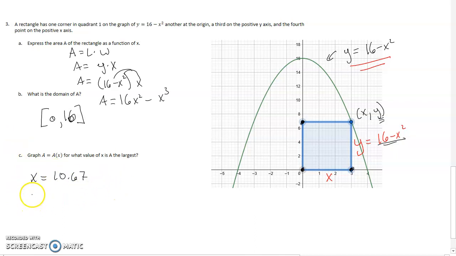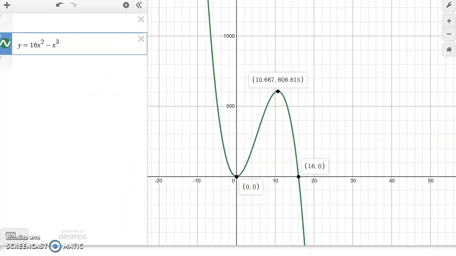And the y value, or the largest area, would be 606.82. If we wanted to find the length, we would plug in 10.67 right here and solve that.